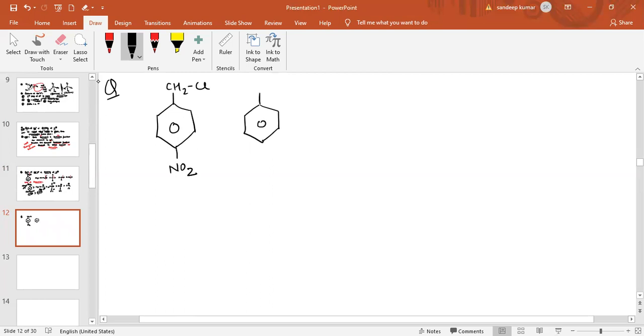Now see the second compound. The second compound is also benzyl chloride. Now see the third compound. The third compound is again benzyl chloride, CH2Cl, with an OH group at the para position.